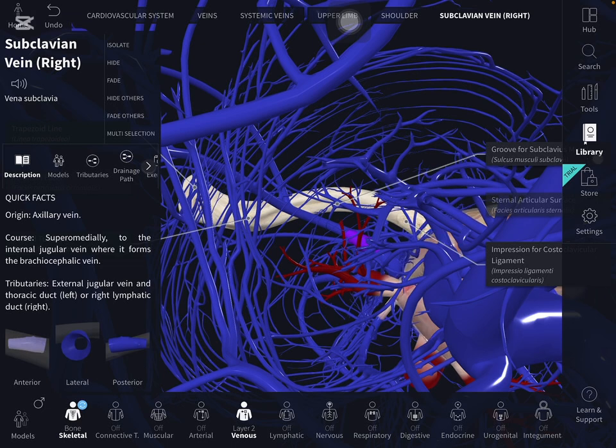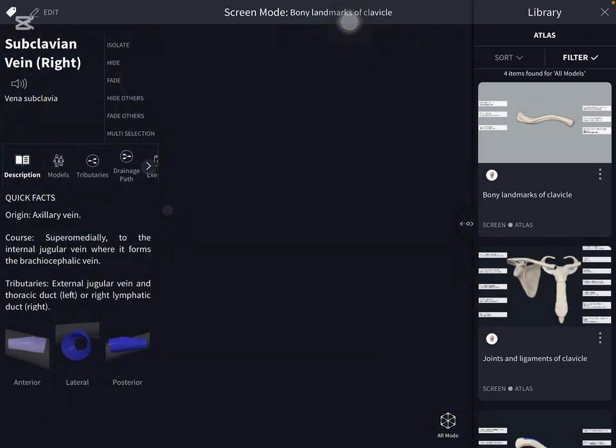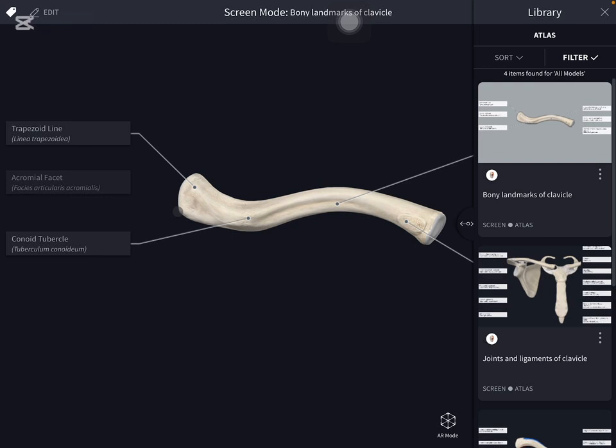So again, I'm showing you that a fracture involving the lateral third of the clavicle can cause injury to the axillary artery branch, for example the acromiothoracic artery.